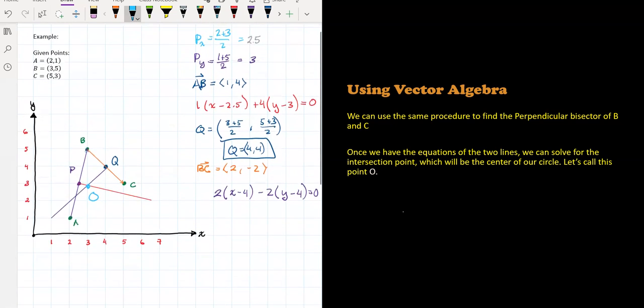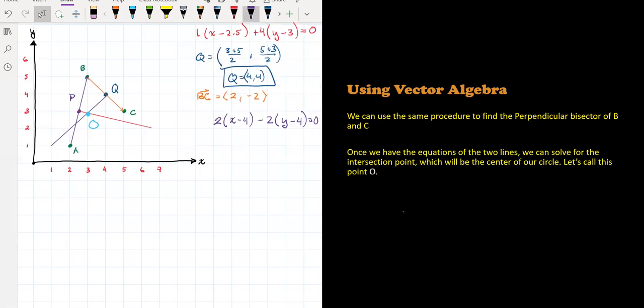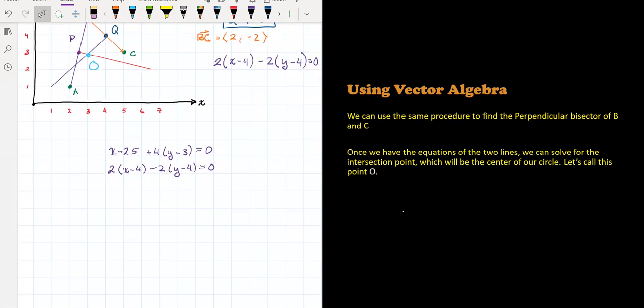Line 1 is (x - 2.5) + 4(y - 3) = 0. Line 2 is 2(x - 4) - 2(y - 4) = 0. This is two linear equations and two unknowns, so we could solve for x and y here, and we should get something relatively close to that dot in my rough drawing.